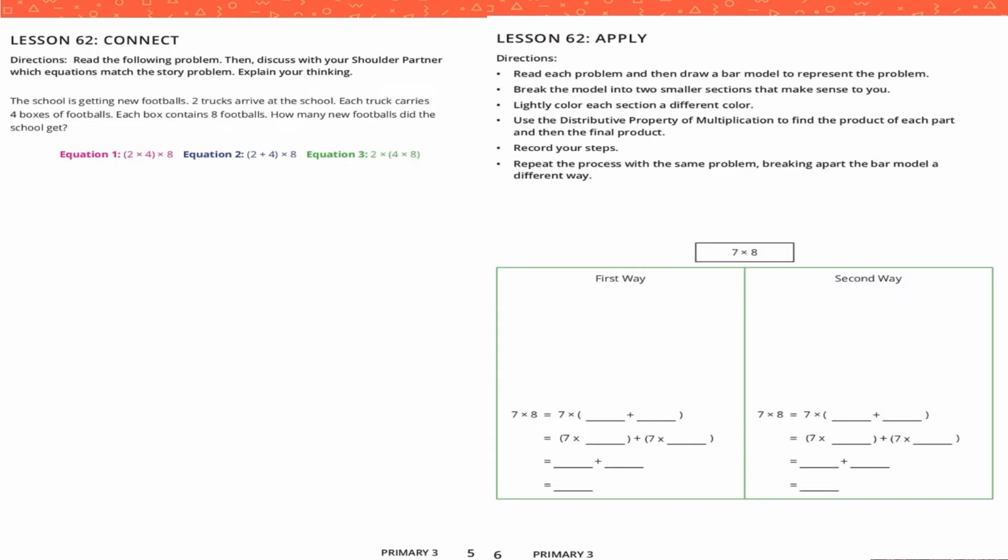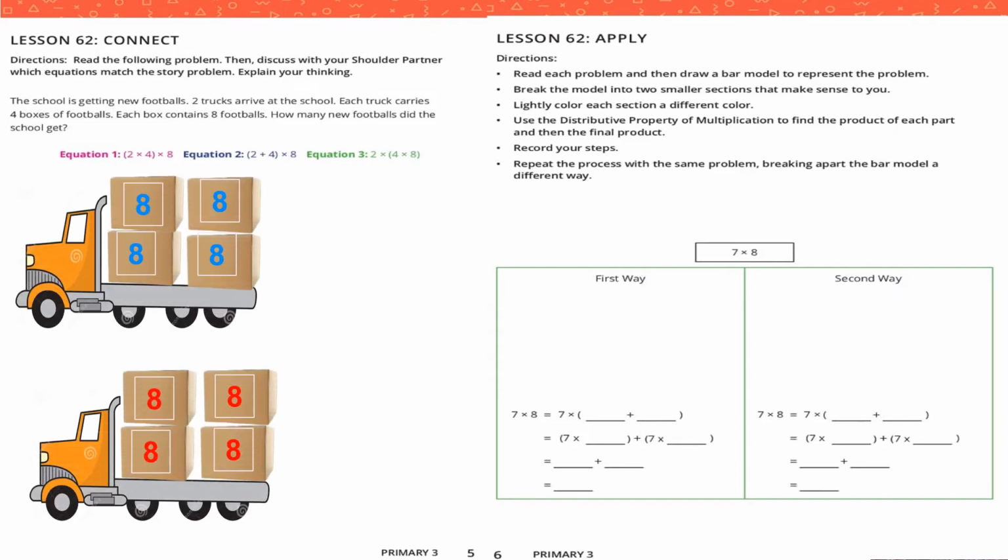I have 2 trucks. Each truck carries 4 boxes. And each box contains 8 footballs like this. Okay, 2 trucks. Each truck carries 4 boxes, and each box contains 8 footballs.